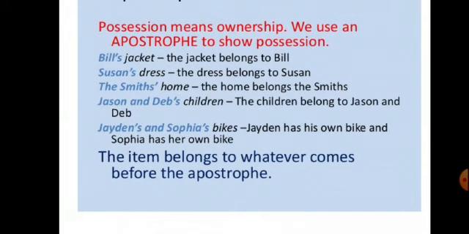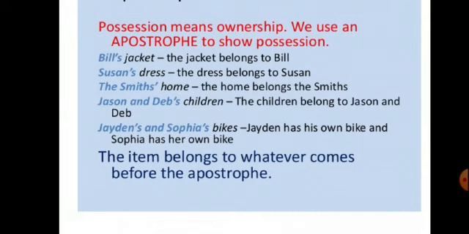This is the example of both. So when I say, for example, your father and mother's house, it's only one house that both of them live in. But when I say, for example, Mary has a doll and Rana has a doll, every one of them has her own doll. Exactly like when I say Jaden's and Sophia's bikes.